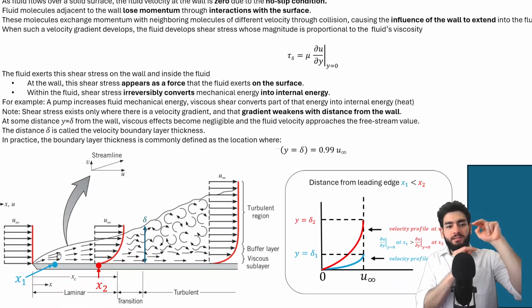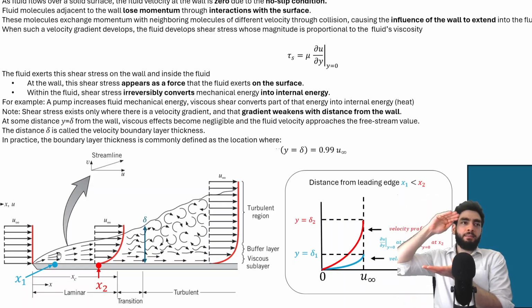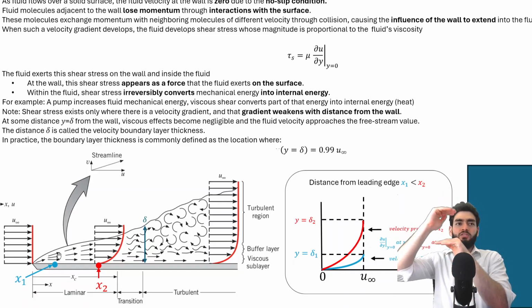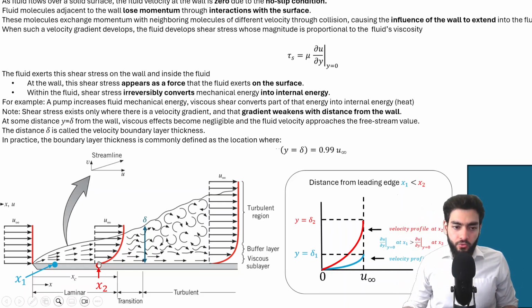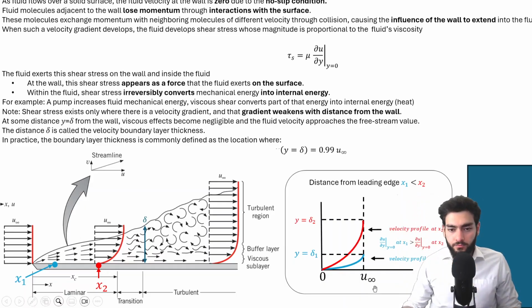That means that at the surface, where the velocity is 0 because of the no slip condition, and at the edge of the boundary layer, where you have the free stream velocity at the maximum velocity, you have such a short distance through which the velocity change needs to occur, as opposed to x2, where you have a larger distance through which that velocity change occurs.